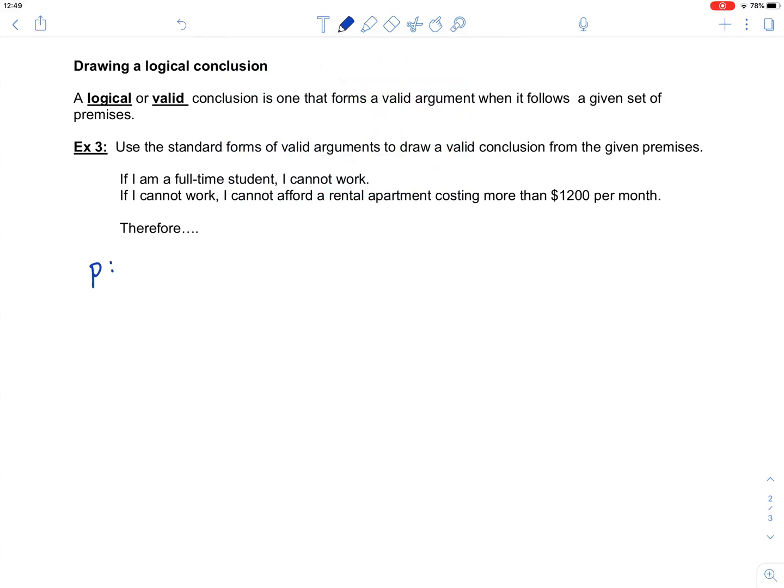So we want to let P be the statement, I am a full-time student. We will let Q be the statement, I can work.